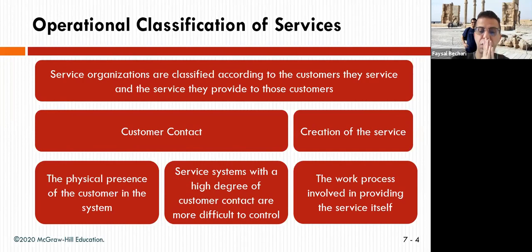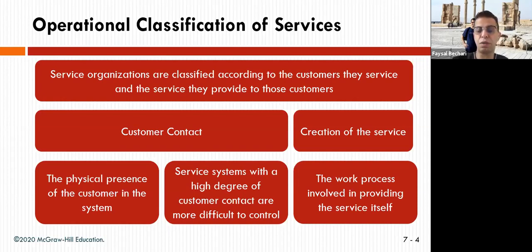A service system with a high degree of customer contact is usually more difficult to control, because if you have 20 people coming into your small store and requesting a service, it is different than one person showing up.